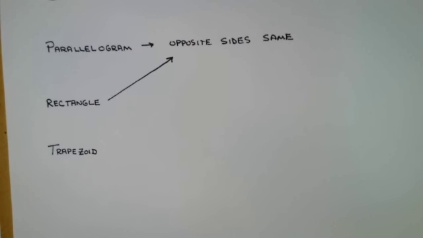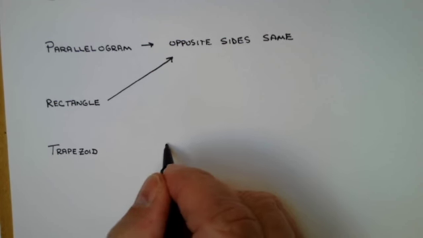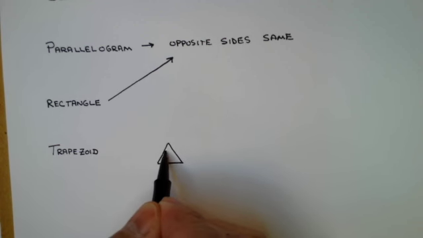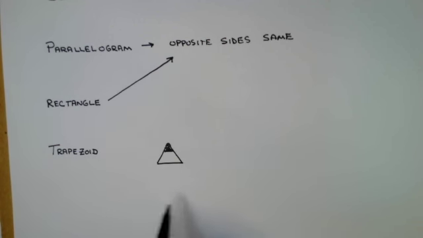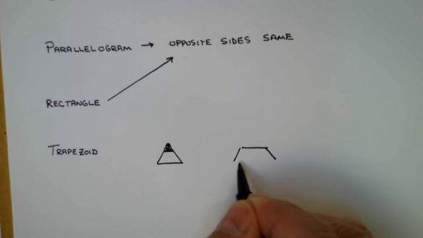Then we have a trapezoid. How many sides does a trapezoid have? It has 4. What does a trapezoid look like? Basically, a trapezoid is them taking a triangle and taking the top and cutting it off. So a trapezoid is going to look like this right here.